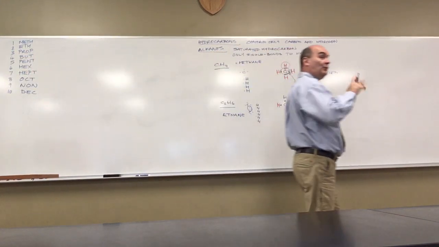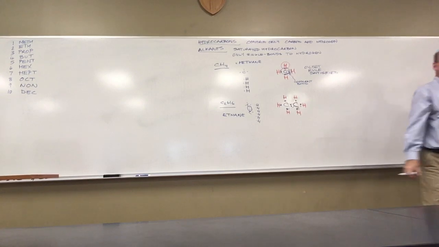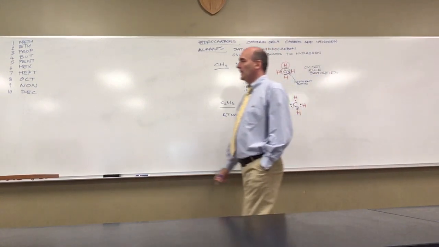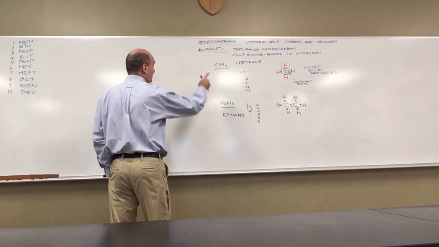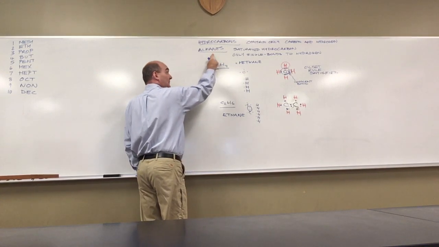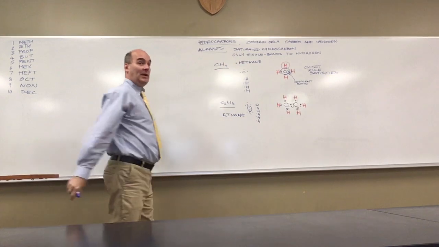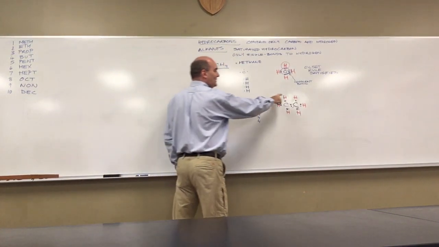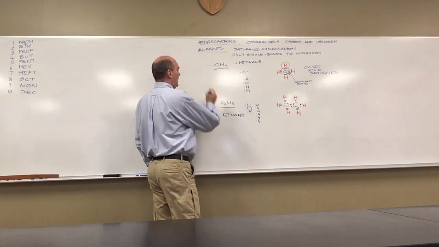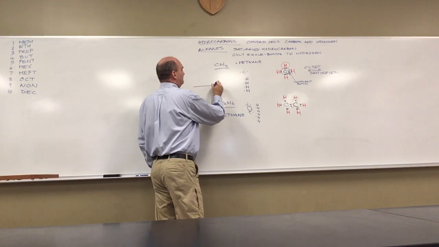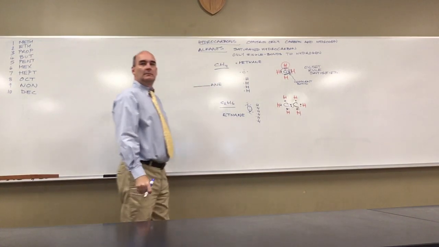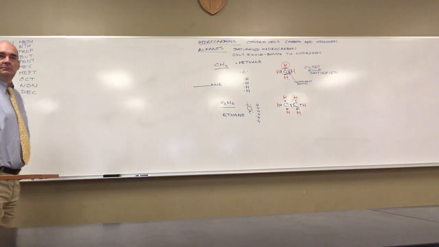Those are the prefixes that we will use to describe our molecule. Now, all of this family that only contains hydrogens and carbons in combination and only contains single bonds, they all end in ane.